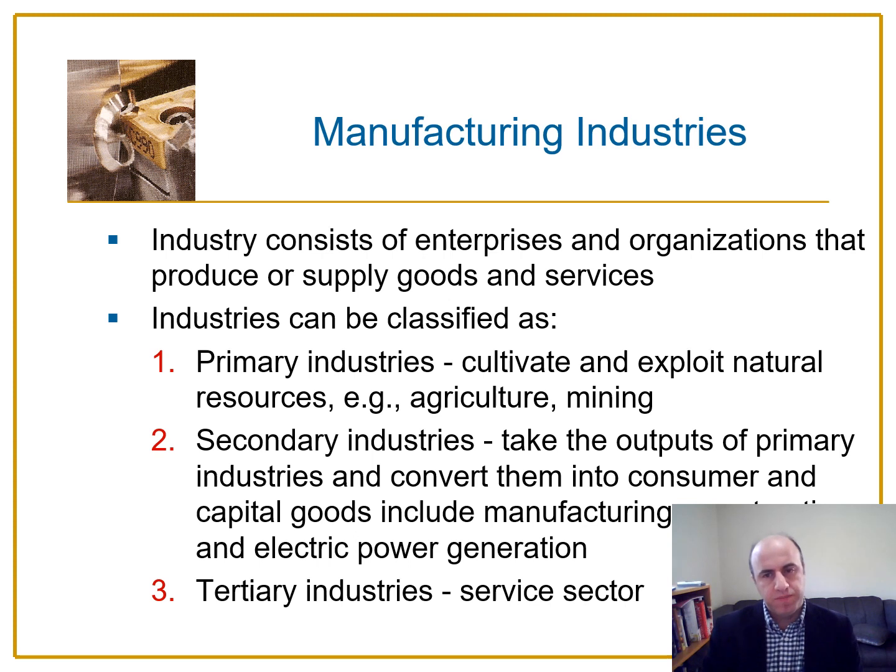The first one is the primary industry, where they cultivate and exploit natural resources like agriculture, forestry, fishing, livestock, mining, and petroleum. In the secondary industry, they take the output of the primary industry and convert it into consumer or capital goods, including electric power generation, aerospace, automotive, basic metals, beverage, chemical, computer, construction equipment, or food processing. These are some of the secondary industries.